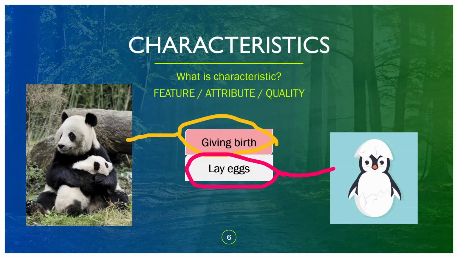Some animals give birth to their babies, like the panda here. And some animals only lay eggs. They cannot lay eggs and give birth at the same time. So some animals lay eggs for their babies. The eggs hatch, and then the babies follow their mom. Okay.